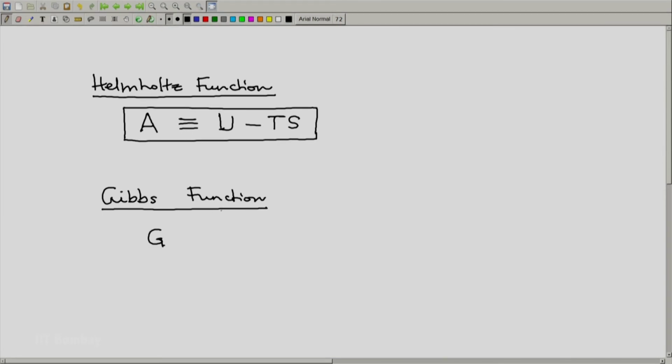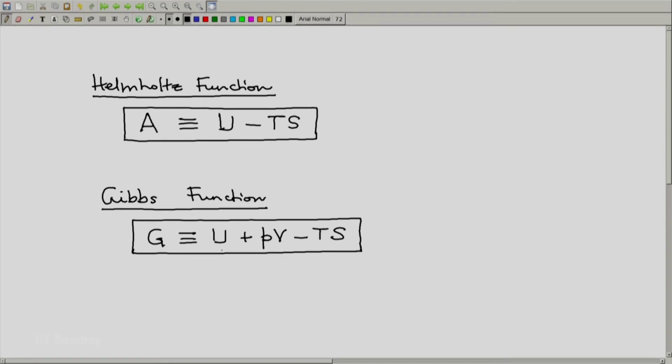The symbol is G, and it is defined as U plus PV minus Ts, and because U plus PV is enthalpy, we can write it as H minus Ts, or since U minus Ts is the Helmholtz function, it is also equal to A plus PV. In a short while we will look at some peculiar properties of these functions.